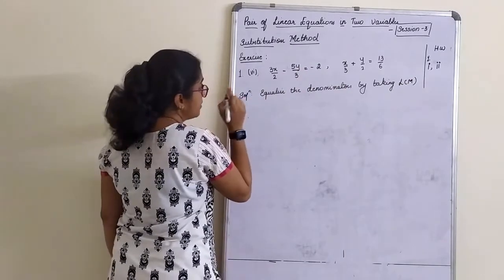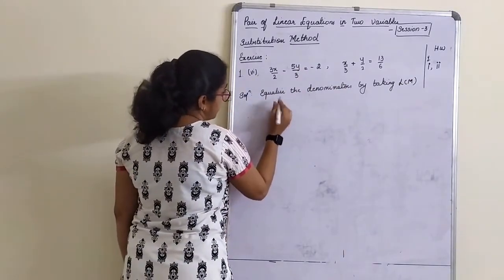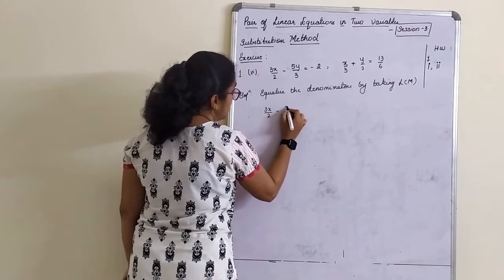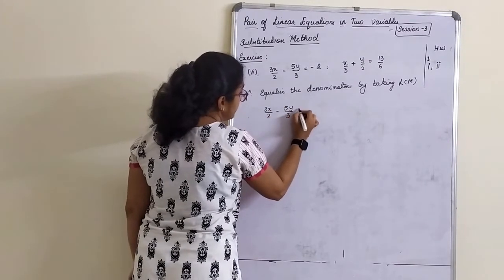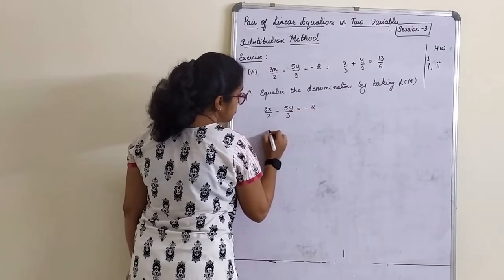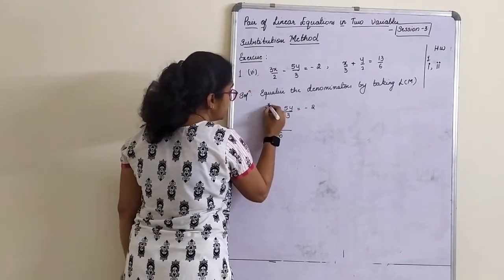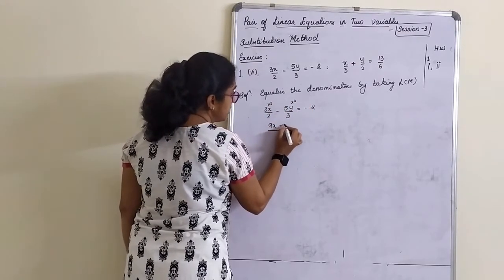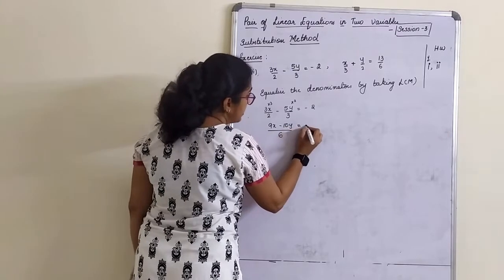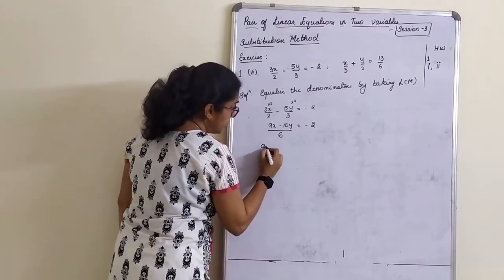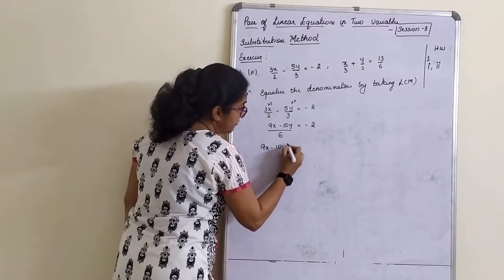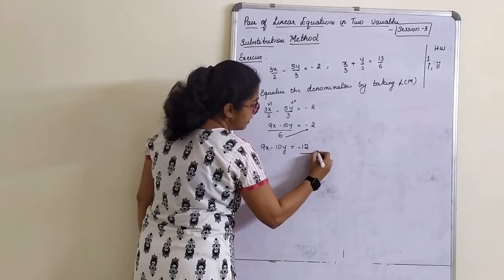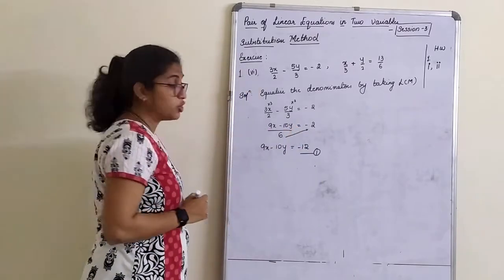Okay, so for the first one, if I want to take the LCM for this number, we will write the equation first. 3x by 2 minus 5y by 3 is equal to minus 2. So the LCM here is 6. 2 3s are 3, 3 3s are 9x minus 10y is equal to, this 6 multiplied here, 6 2s is minus 12. That is your first equation.